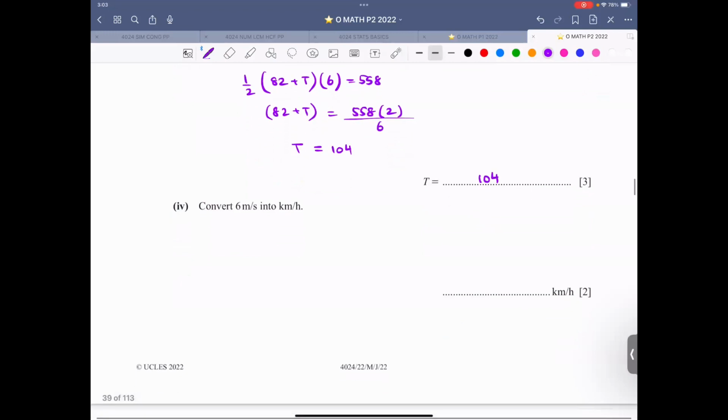Now it's asking us to convert 6 meters per second into kilometers per hour. If I want to convert kilometers per hour into meters per second, I'll multiply by 1000 because of the kilometers, and I'll multiply by 3600 in the denominator when I convert hours into seconds.